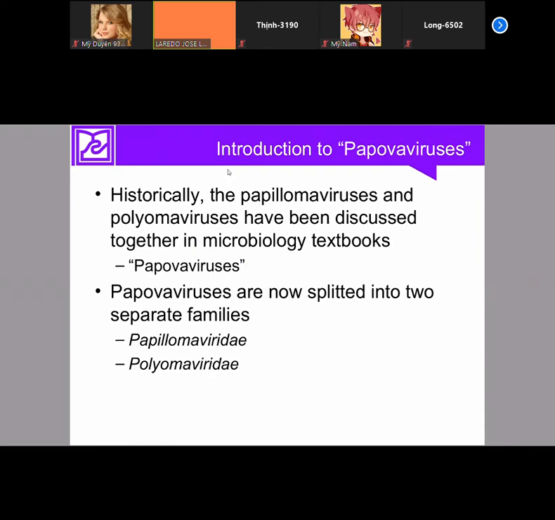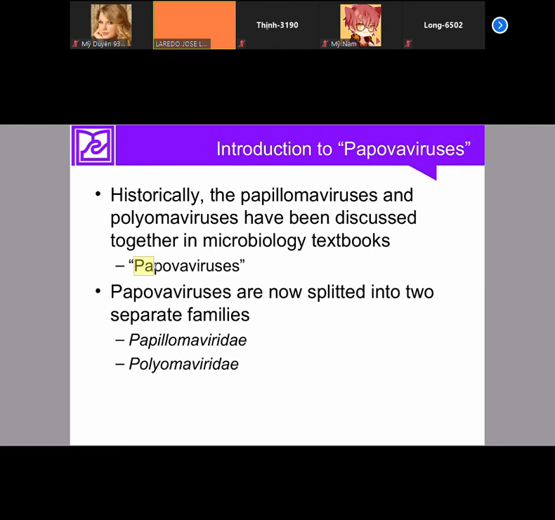Before we study papilloma viruses, papilloma viruses and polyoma viruses are very similar, as I told you before. In some old textbooks of microbiology, both viruses were studied together, and they were called papovaviruses.